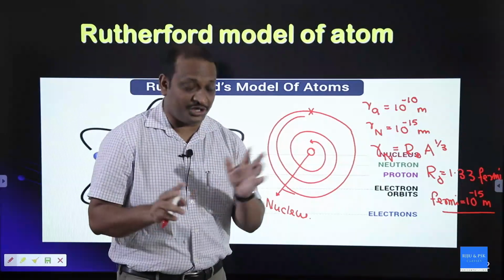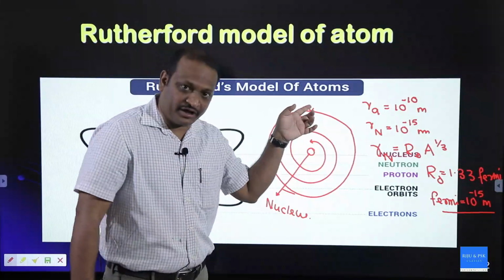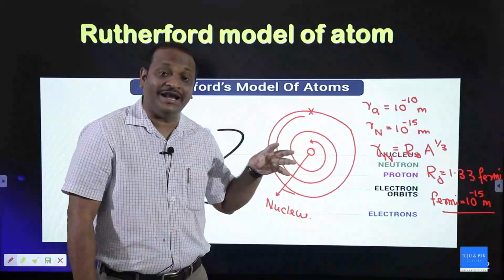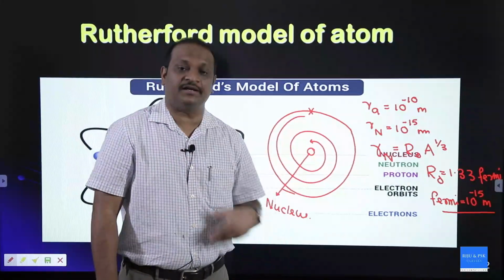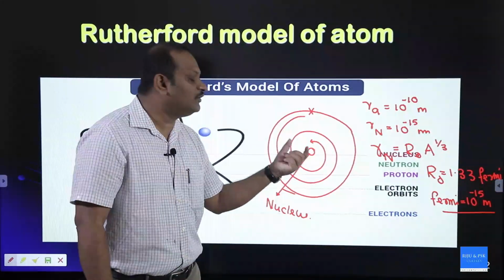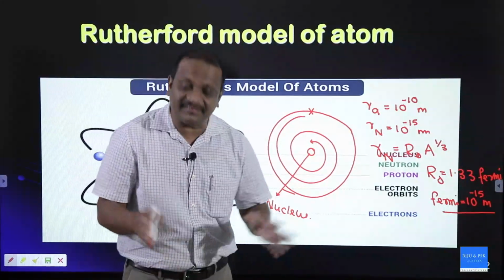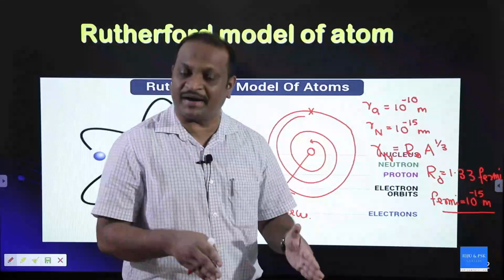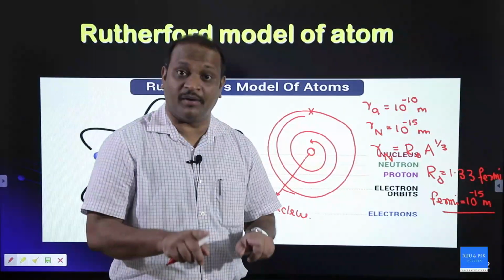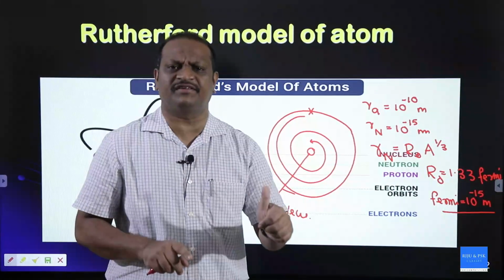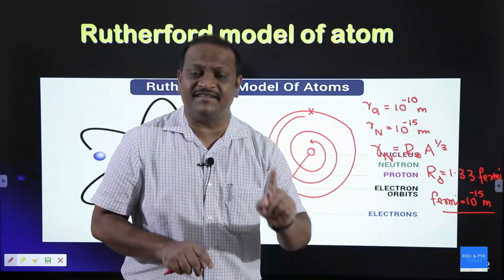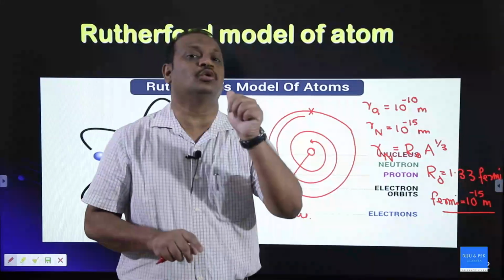Because if the electron is revolving around the nucleus continuously, it will emit energy. If it emits energy continuously, at the end it will collide with the nucleus. But such a scenario is not happening in real practice. Why that is not happening couldn't be explained by Rutherford. This is the first drawback. So remember all of you, first drawback: he couldn't explain the stability of electron around the nucleus.